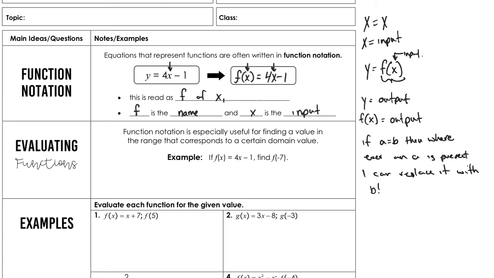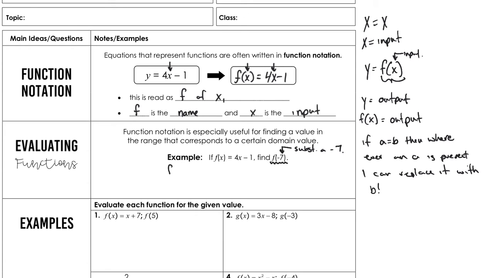So for this example, I have f of x equals 4x minus 1, and it says find f of negative 7. What it wants you to do here is simply substitute the input. So all I'm doing is substituting a negative 7 into this equation.